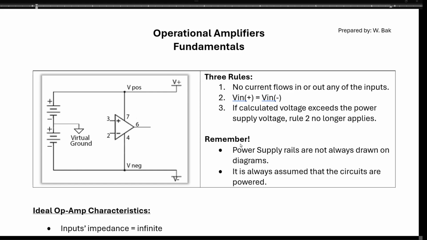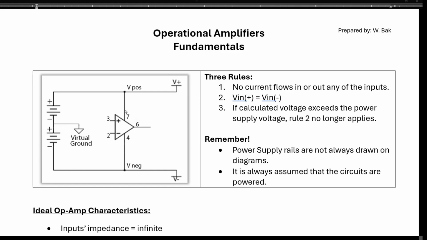Now also remember, don't forget, power supply rails are not always drawn on the diagrams. I have drawn the power supply rails. Here's the positive power supply rail. Here's the negative power supply rail. On the schematic diagrams, most of the time, you will see that not being drawn. But it's always assumed, and yes, it is okay to assume, that the circuits are powered, because that's the only way things are going to work.